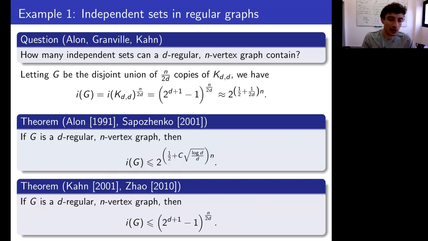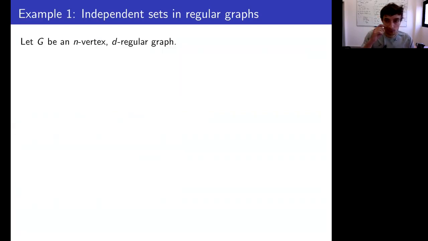But this proof of Kahn and Zhao is a bit more complicated. It's a beautiful entropy argument, and on top of it, Zhao adds a beautiful combinatorial argument. However, it would sort of diverge from the topic of my talk, so let me just present the somewhat weaker bound due to Alon and Sapozhenko. Here we'll see the lemma in action. So let G be an n-vertex d-regular graph.